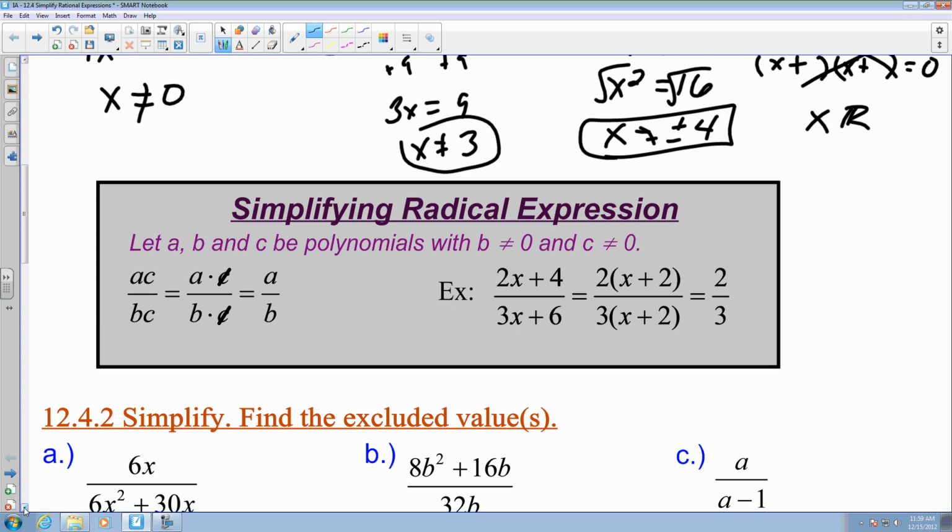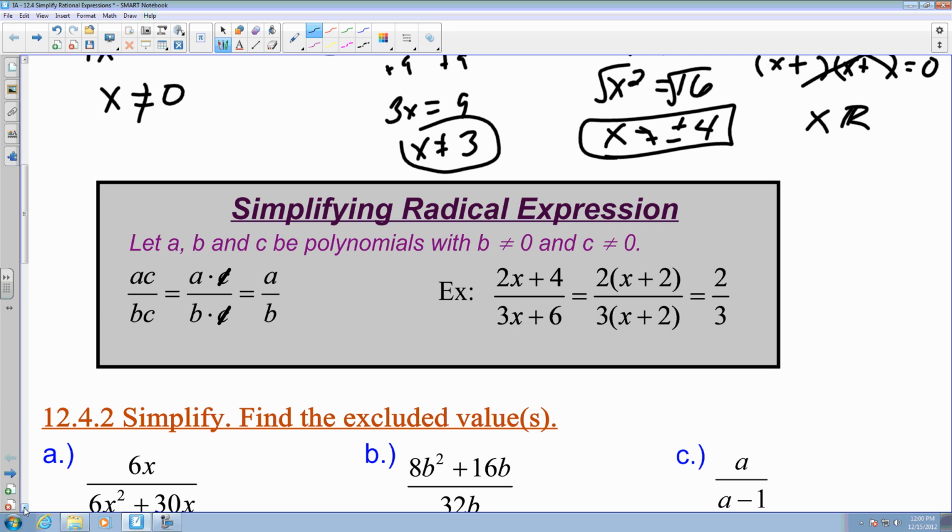If you look at A times C divided by B times C, you can rewrite this as shown in the box. If you have two values in the numerator and denominator and they're connected through multiplication, you can cancel those out because they are equal to 1, and anything multiplied by 1 is itself.